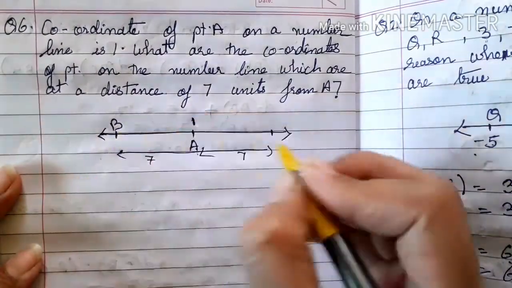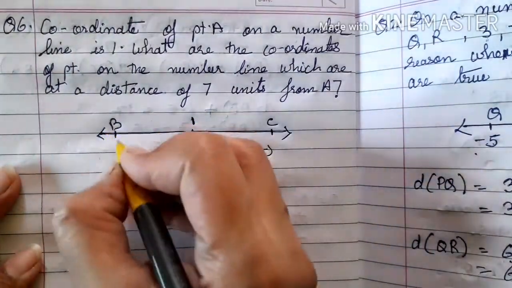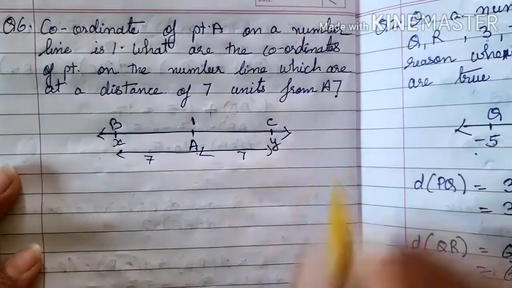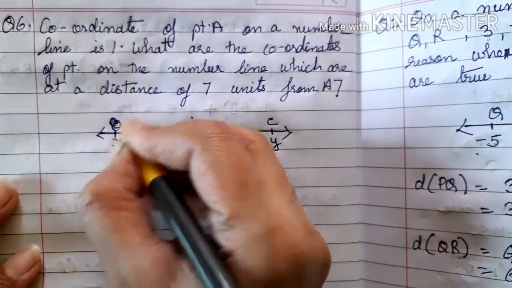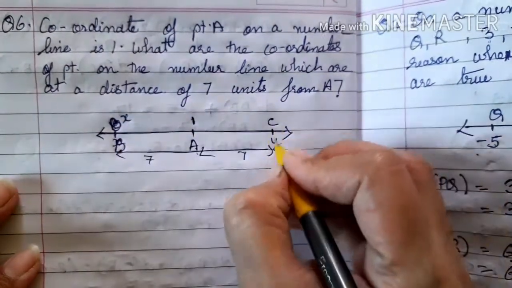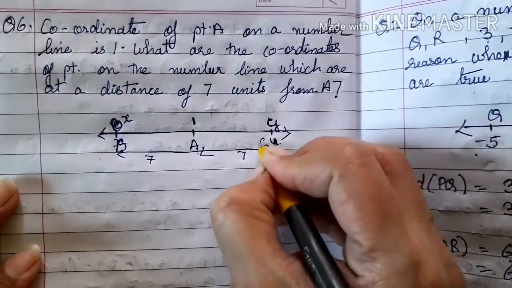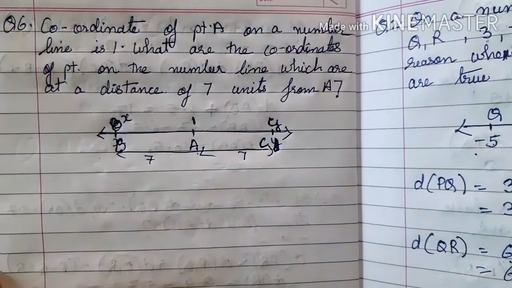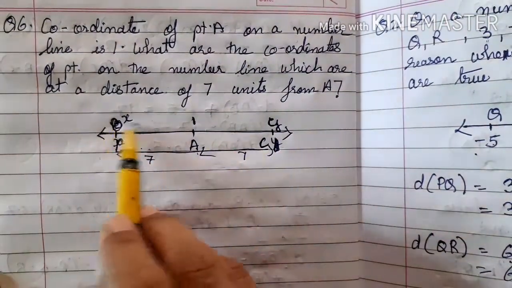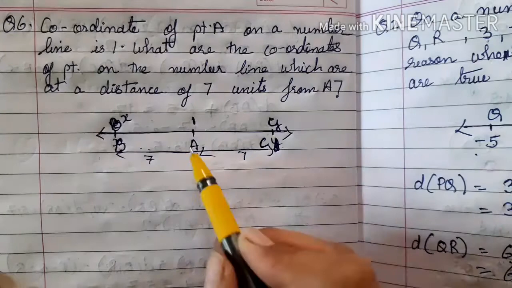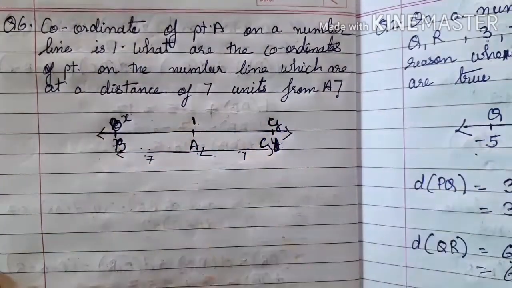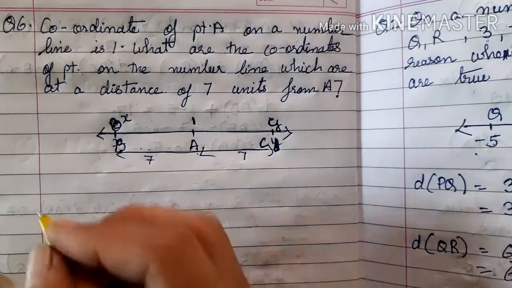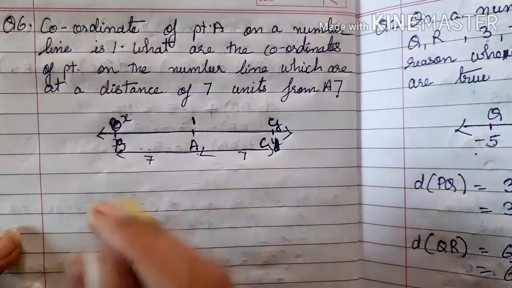So, this is B, this is C, and X and Y coordinate. Sorry, you have to write X over here, B over here, Y over here, and C over here. Got it? Alphabets should come in one line and the coordinate should come in one line. So, A is 1, C is supposed to be Y, and B is X. Got it?